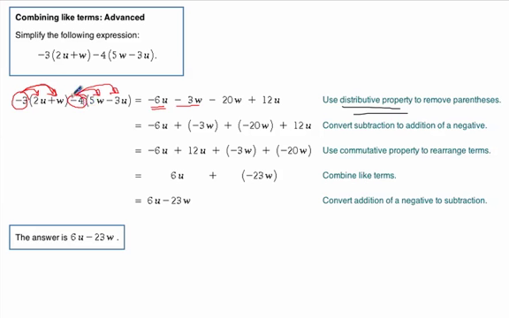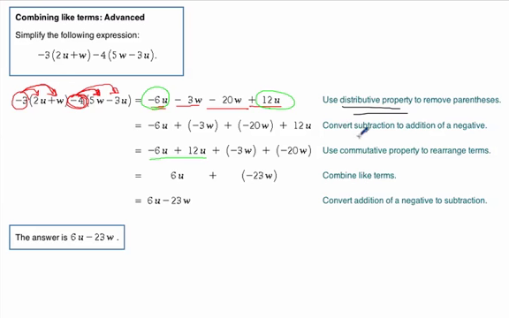Negative 4 times the 5w makes the negative 20w, and then the negative 4 times the negative 3u makes the positive 12u. Now we look for like terms, and we see we've got a negative 6u and a positive 12u. So if we rearrange it so that those are next to each other, that helps us understand.